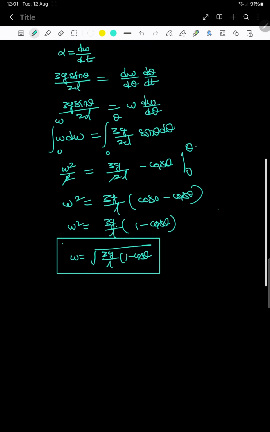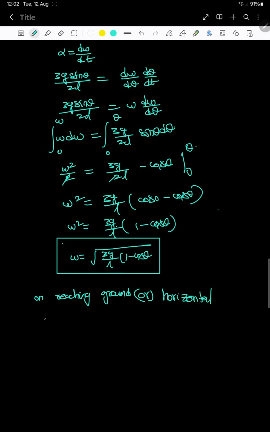In the question, what they have asked is on reaching the ground or horizontal, theta will become 90.